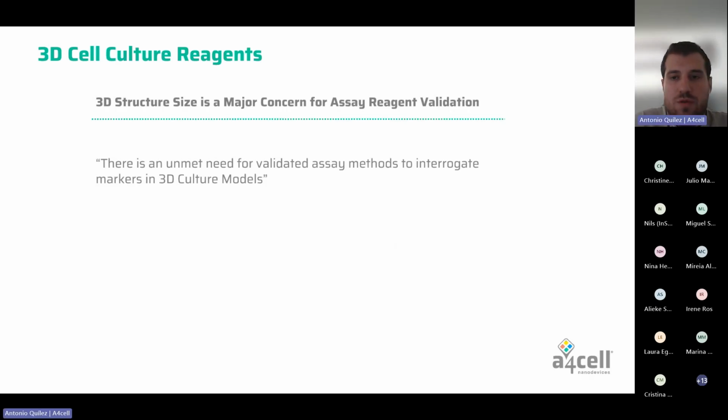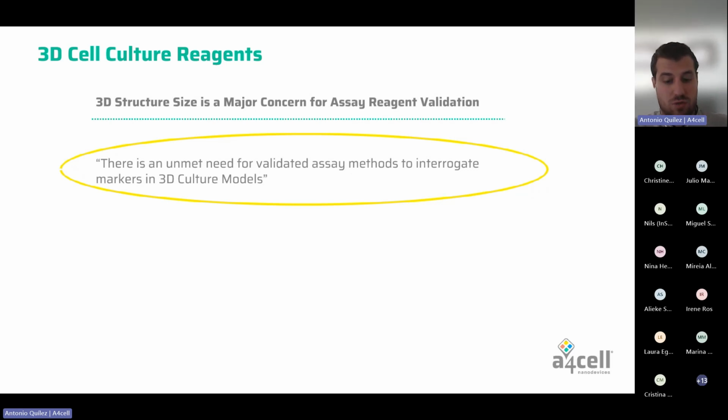So apart from all these different things that we have reviewed today, what I've realized when doing this review of what's already in the market and the needs that the researchers have is that there's an unmet need for validated assays that specifically interrogate markers in 3D culture models. So that raises a question on how we can help from A4Cell to improve these models and the reproducibility and robustness of the assays and the quality of the research in general.